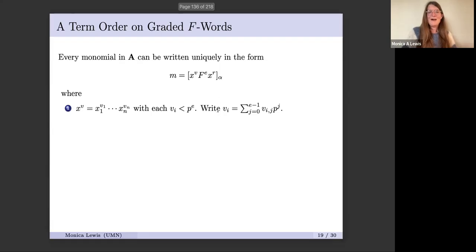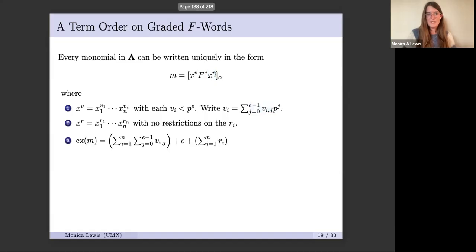My apologies. v_i is some integer, write it out in base p. The v_ij are defined to be the base p digits. I'm not stringing anything out of the base p digits. This is just how the v_ij notation is defined. My apologies. So x^r is whatever you get when you move everything you can past all of the f's.